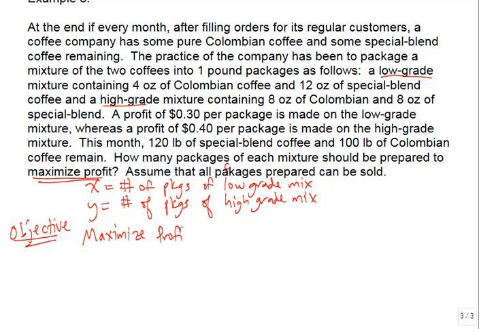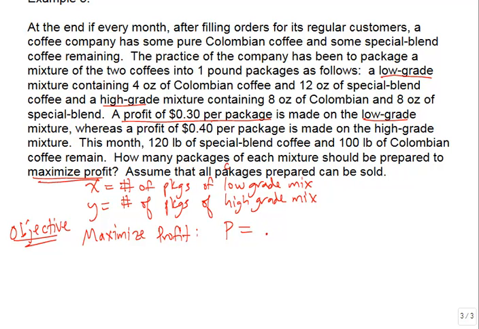So to come up with our objective function, we're trying to come up with a profit function. So how do you calculate profit here? Well, it's going to be the number of packages of this low-grade mix times the price that we earn from selling them, plus the number of packages of our high-grade mix times the price that we earn from selling them. And it says up here that we get a profit of 30 cents per package on the low-grade mixture.